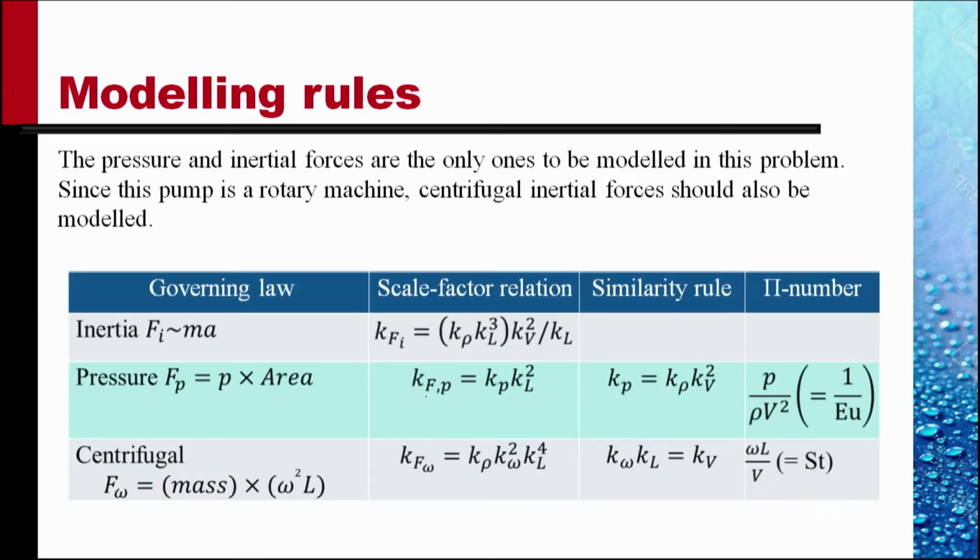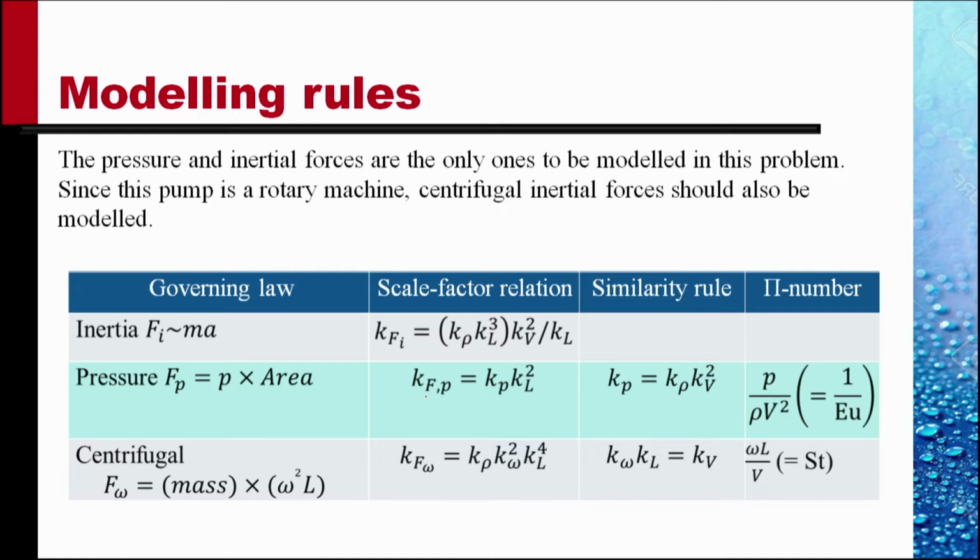We organize our calculation in this manner. The governing law for inertia is inertial force is equal to ma, and we plug in the scale factors of mass and acceleration to obtain the scale factor for inertial force as k rho kl cubed for mass, and for acceleration kv square divided by kl. The pressure force would be pressure times the area.